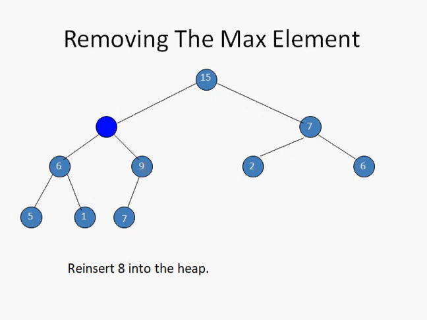Definitely 8 was a child of 9, and 9 has a value higher than this. So 9 can be pushed here, and 8 can be placed here. You can reshuffle this. 15 goes to this location because we found out that 15 is actually the second maximum element, so it goes to the root position.